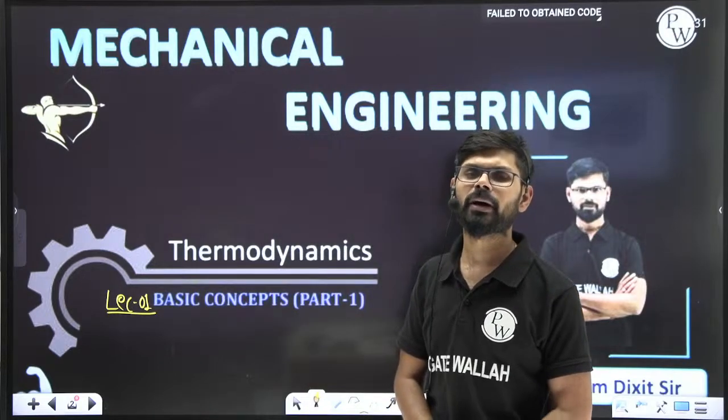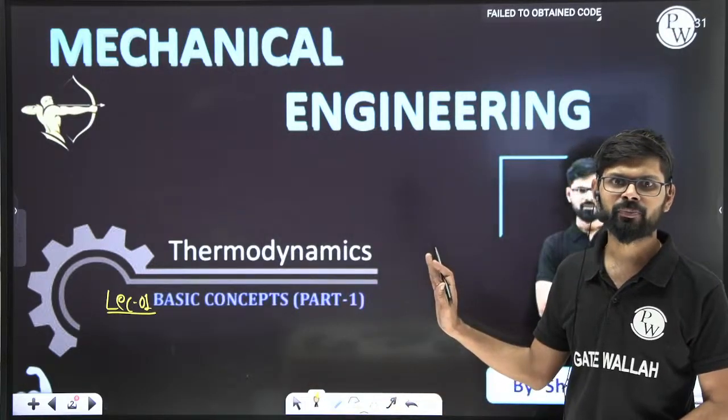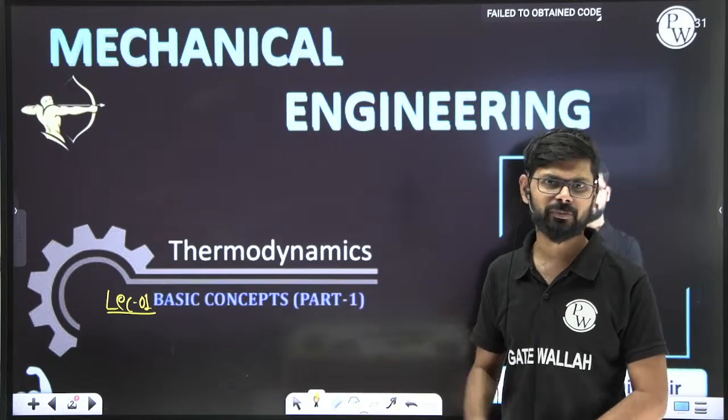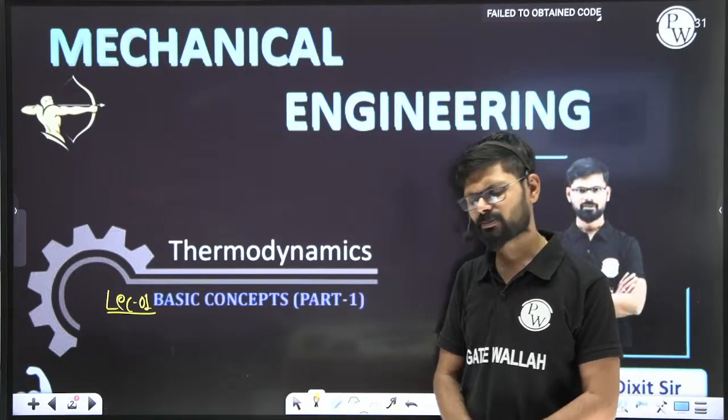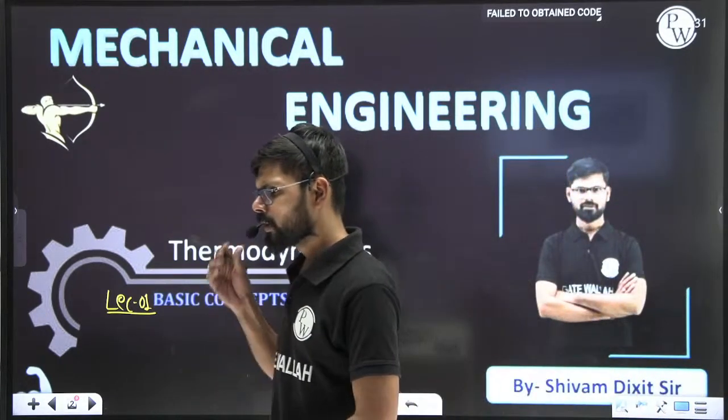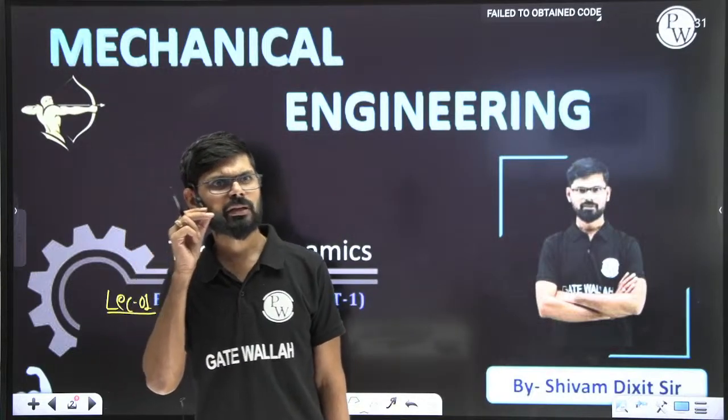Then we'll discuss system, surrounding, boundaries, correct? And then on the basis of a few parameters we will classify the system, surrounding as well as boundary. Then we'll talk about thermodynamic properties, correct?